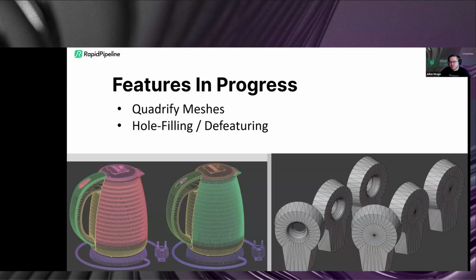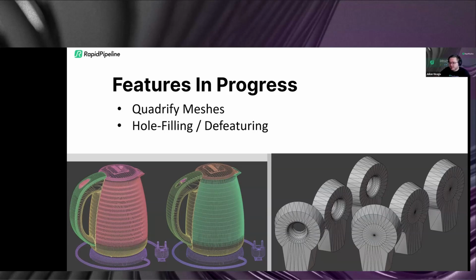There are some features in development that unfortunately we cannot show live yet, but it's really exciting stuff coming this year. We're working on full quad remeshing support, basically. A lot of times from the tessellation process we already get usable edge loops, which is sometimes really helpful for manipulation and last-minute changes. It might not be 100% relevant in Unreal because it's a game engine, so we're tessellating and having triangles anyway.